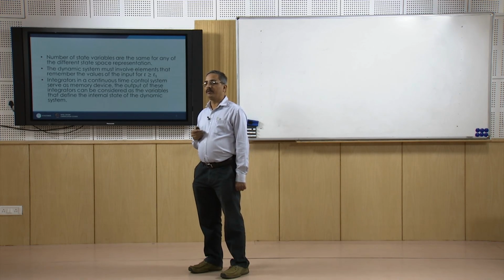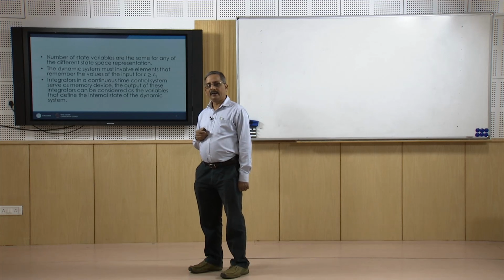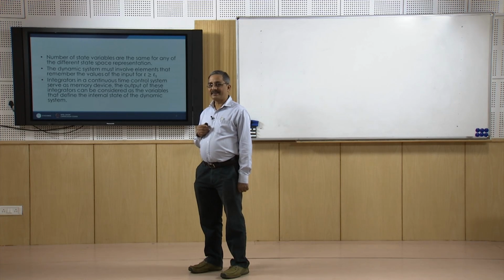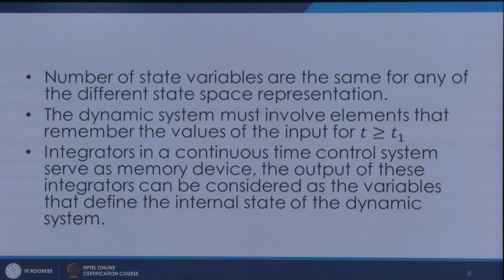At that time I said that the equations derived from the bond graph model are in state space form, that is, first order differential equations, and the states were basically the absorbed causes, and those absorbed causes were the integration of the causes. So, the concept is basically the same here also.